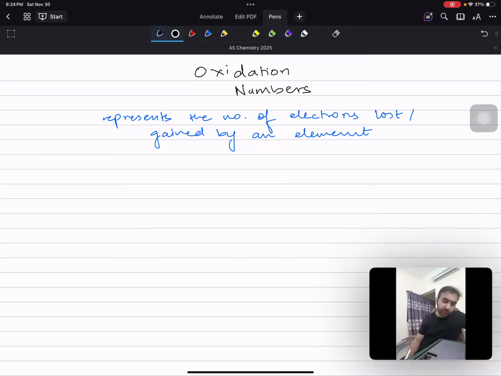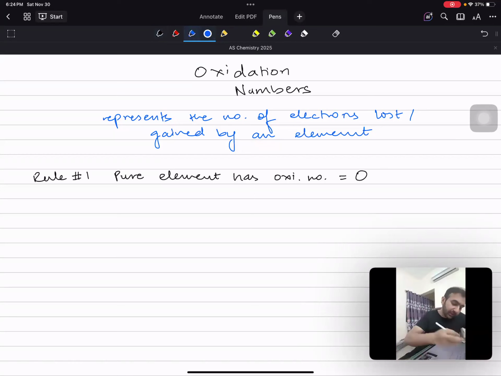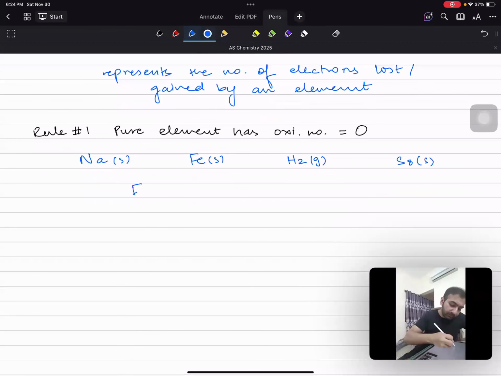For oxidation numbers, we have some rules to understand them. So the first rule is a pure element has oxidation number equal to 0, which means that Na as an element, iron as an element, H2 as an element, sulfur S8, which is solid, as an element, maybe F2 gas, maybe Cl2 gas, any other element.